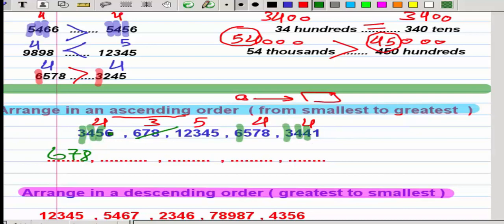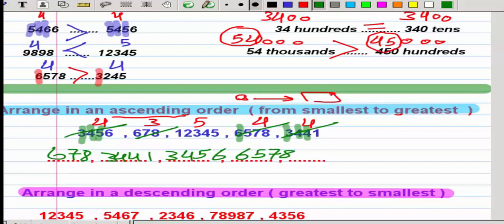Where is the smallest here, 5 or 4? It will be 4. So here we'll take 3441. Cancel. The next, and third, very good, 3456. Here also it will be 6578.